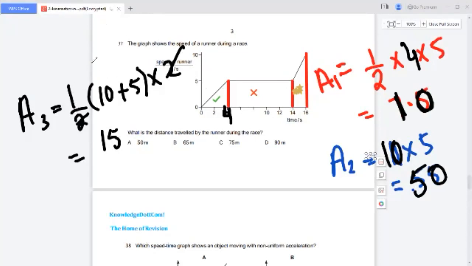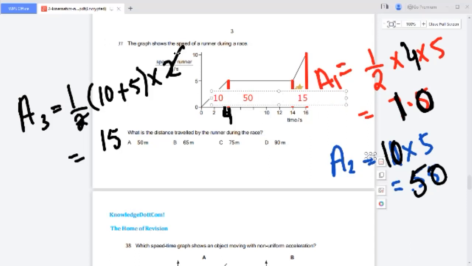So now the total area. Area of triangle is 10, area of rectangle is 50, and area of trapezium is 15.